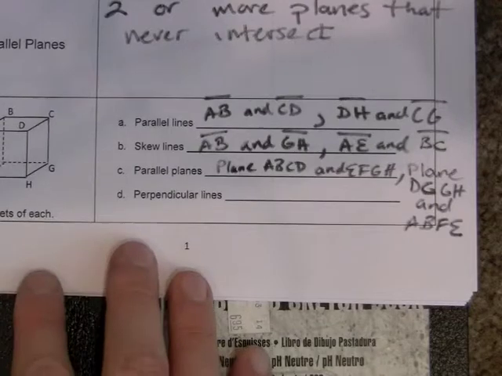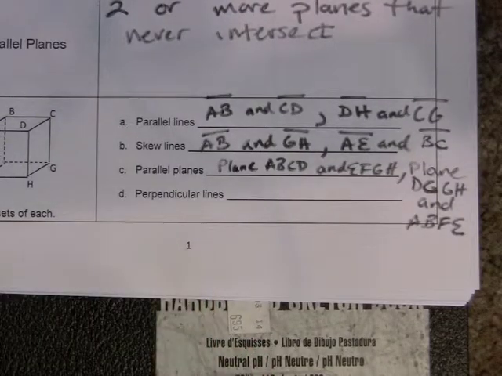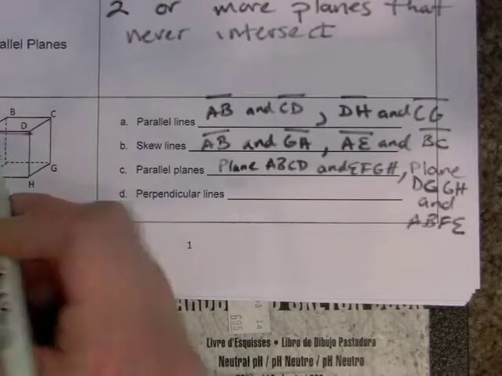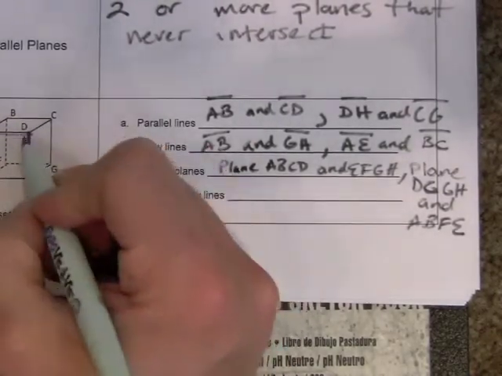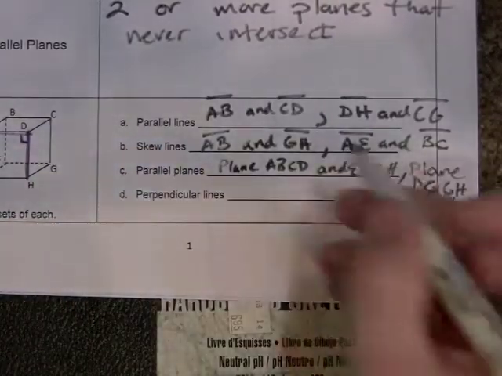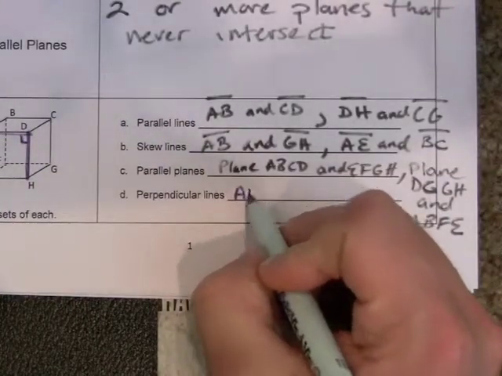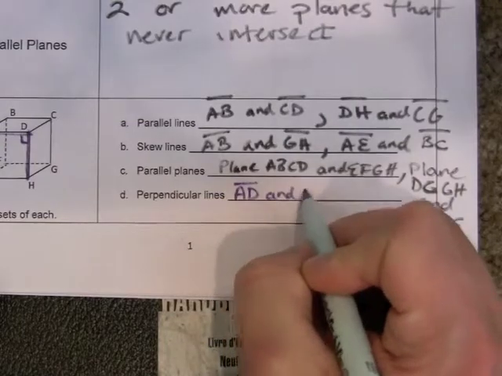And then lastly, perpendicular lines. These are any two lines that intersect and form 90-degree angles. So, this line here, intersecting that line right there, they're going to be forming a 90-degree angle there. So you have line AD and DH.